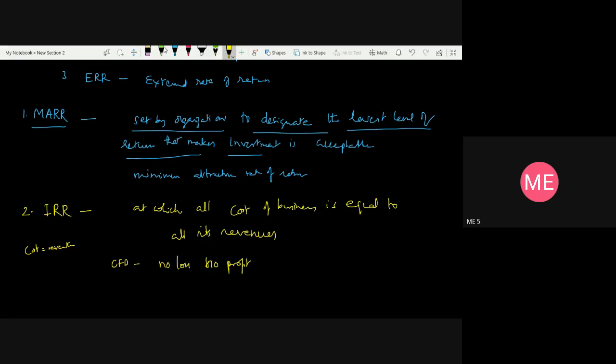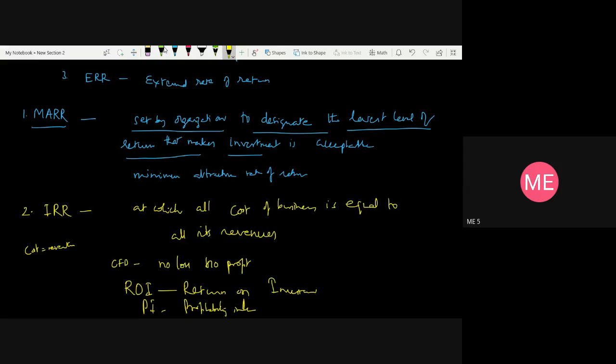That we can call internal rate of return, or return on investment. Internal rate of return is also known as return on investment, that is ROI. ROI is nothing but return on investment. It is also called the profitability index, and also the time rate of return.